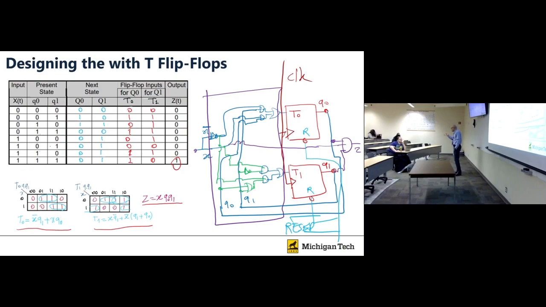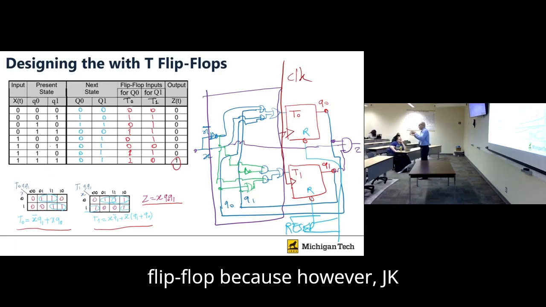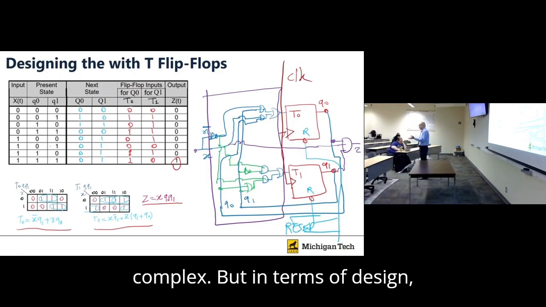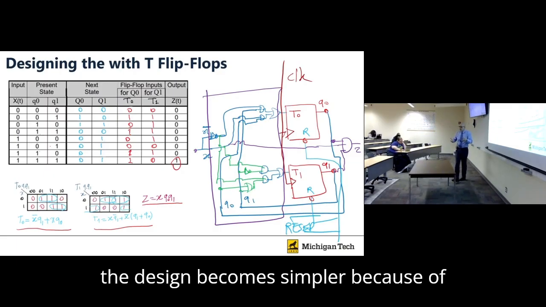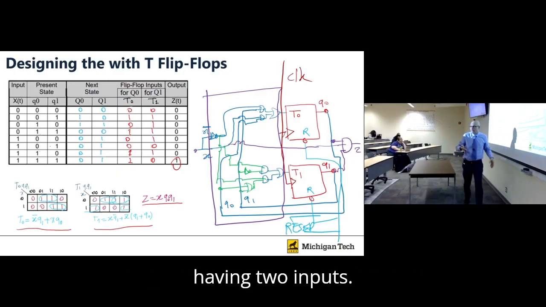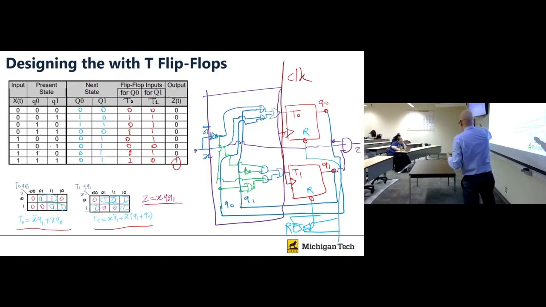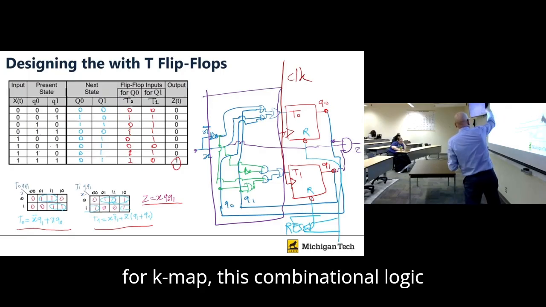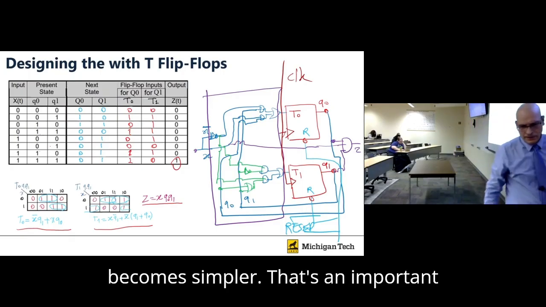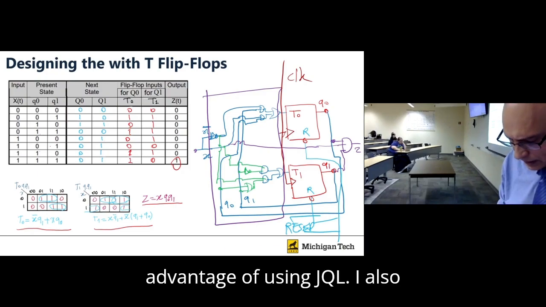Yes, you can see the advantage of JK flip-flop. JK flip-flop is more complex, but in terms of design, the design becomes simpler because of having two inputs. We did four K-maps, but even though we use four K-maps, this combinational logic becomes simpler. That's an important advantage of using JK flip-flop.